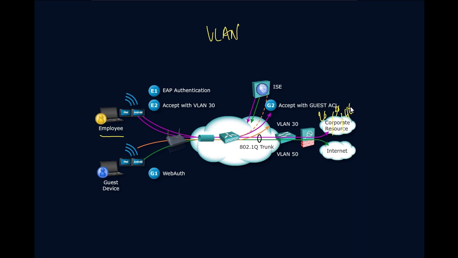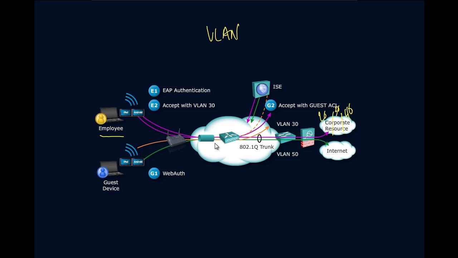So let's review this for a second. We see here we have an employee on the left. The employee goes and attempts to what? Authenticate. He authenticates over to the ICE server. The ICE server then returns back the credential and says, yes, that's okay. They have access.